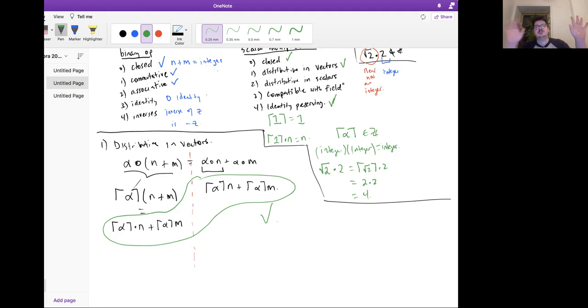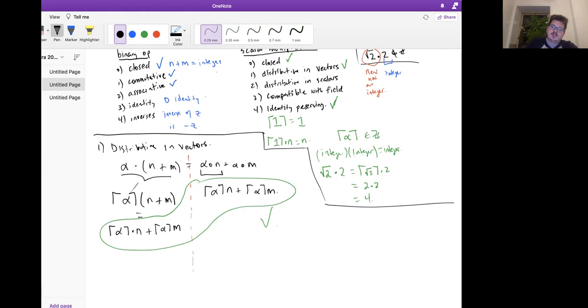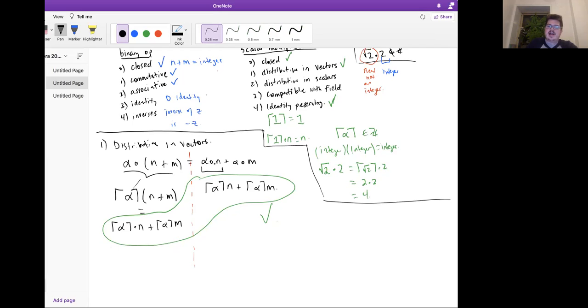You have two statements, alpha circle (n plus m), and alpha circle n plus alpha circle m. So you want to fiddle around with both sides or turn one into the other. But sometimes you can't do that, right? That would imply that this is not a vector space. Okay, so now let's go to distributive over scalars and see if that's true.